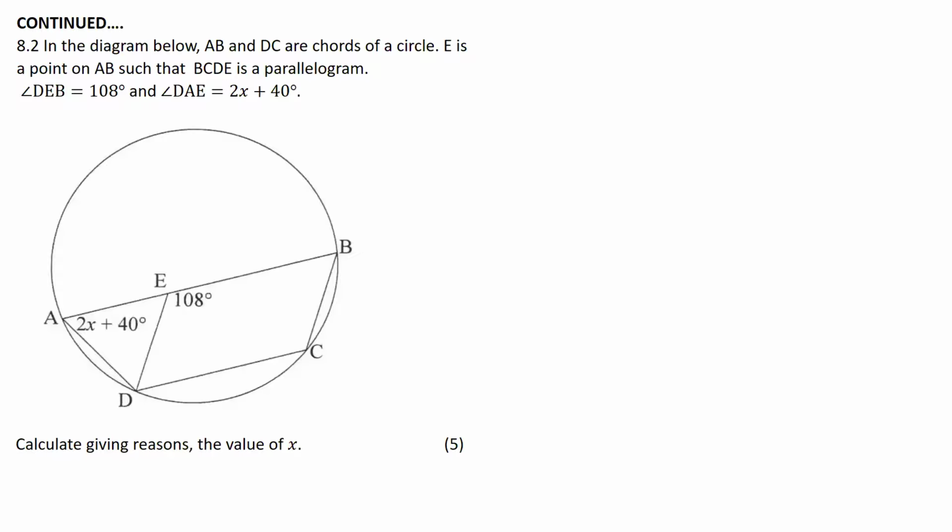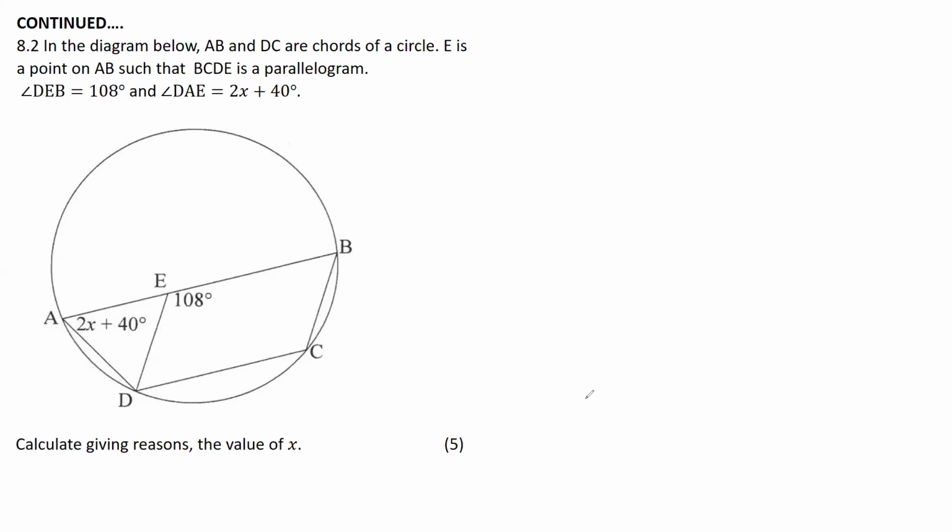In the diagram below, AB and DC are chords of a circle. Okay, AB and DC. All right, sharp. E is a point on AB such that BCDE is a parallelogram. Oh, beautiful. BCDE is a parallelogram.